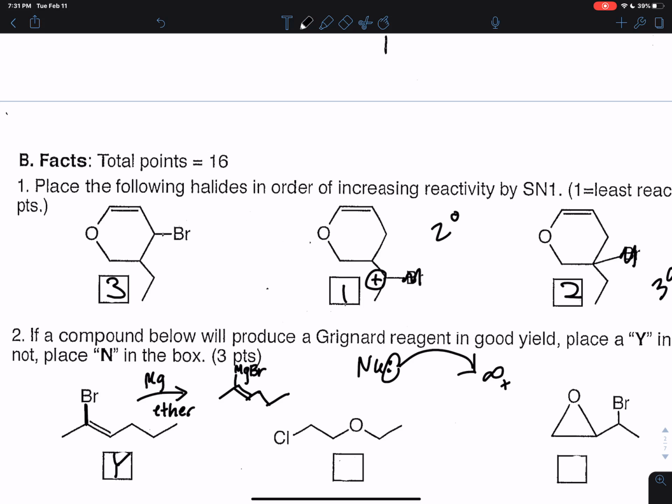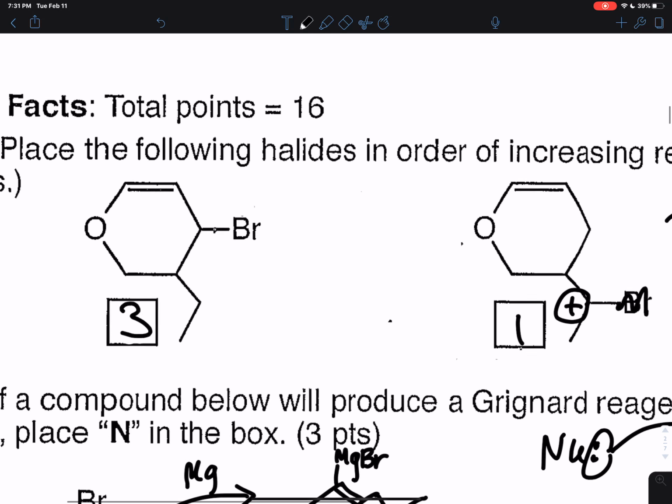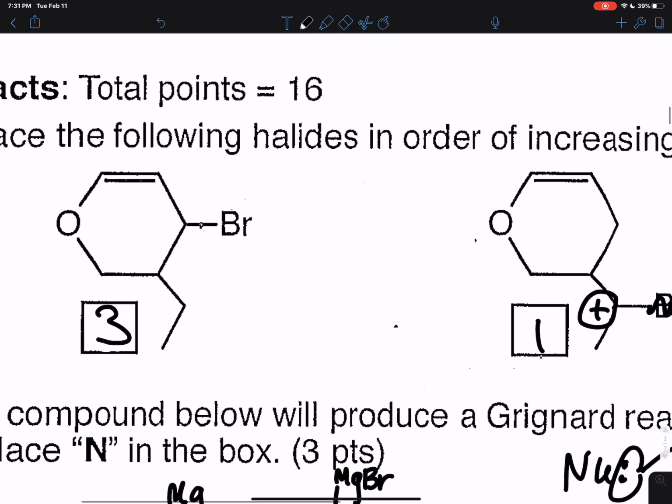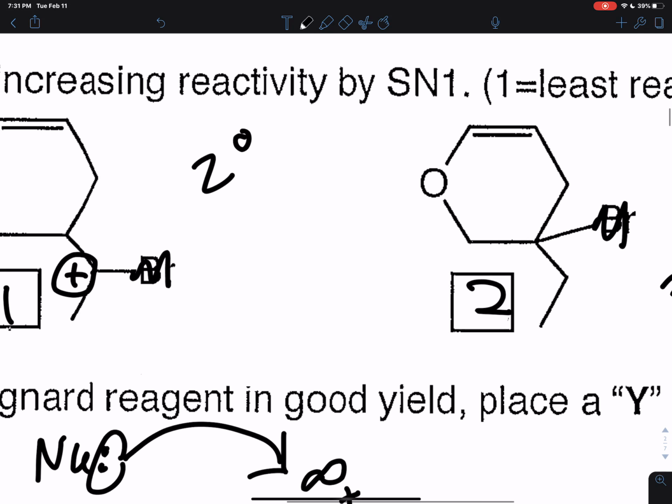So draw out the resonance structure for this first one right here, and then see how you'll get the positive charge onto the oxygen. When that's the case, you fulfill the octet rule. Versus this right here, which is a tertiary carbocation.